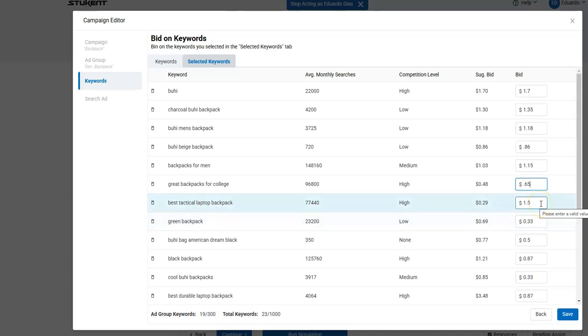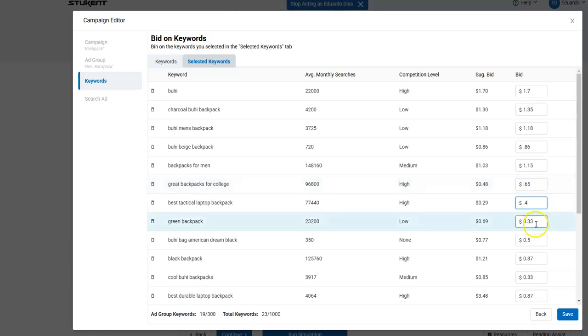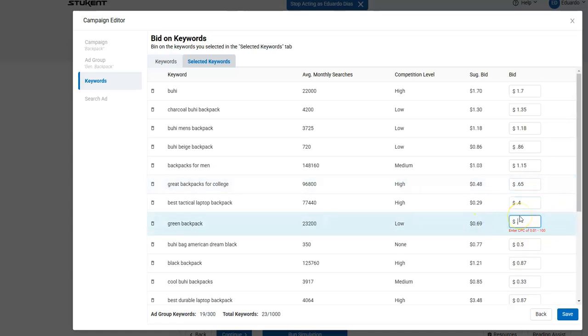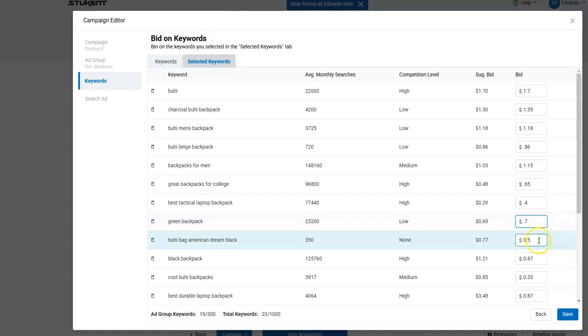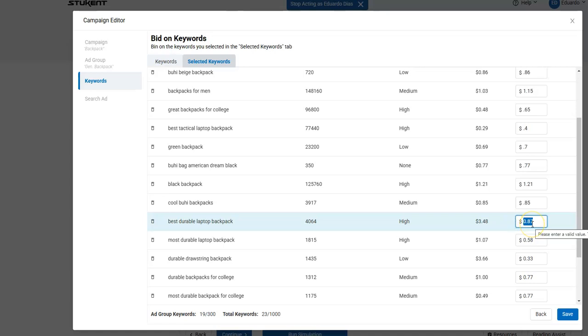Tactical, that's a high competition one, so 0.4. 0.7. Hopefully, you see where I'm going with this. I'm just trying to match the bids for now. This way, it ensures that you have the proper bids. This one's an expensive one, but if you want it in there, that's fine.